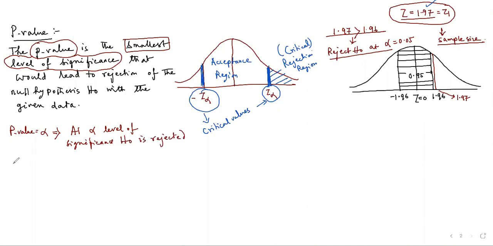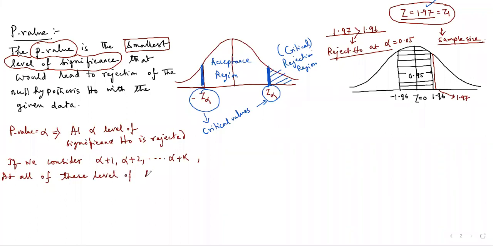So if we consider any value greater than alpha, like alpha plus 1, alpha plus 2, and so on, alpha plus k, at all of these levels of significance the null hypothesis H naught will be rejected.